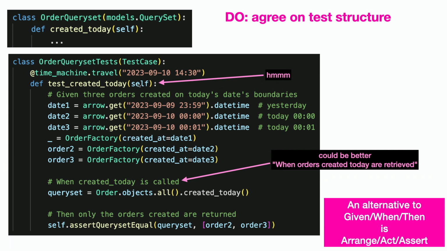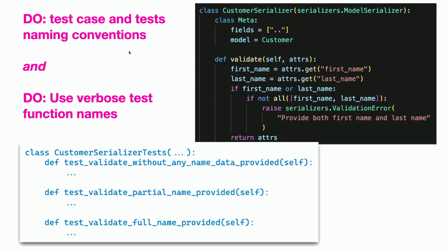This comment here leads me to the next slide, which says, use verbose test and function names. Here I have the serializer for the customer model, and the serializer is validating that when name information is provided, both first name and last name must be submitted. So how do we write tests for that? We test the behavior.